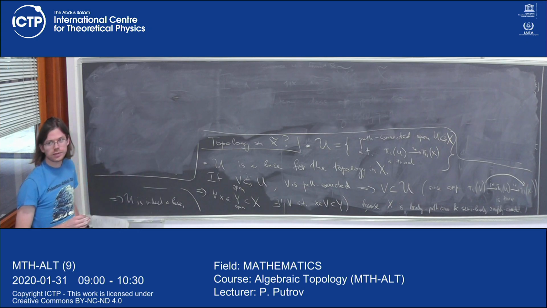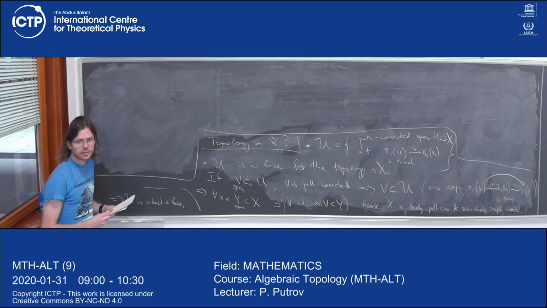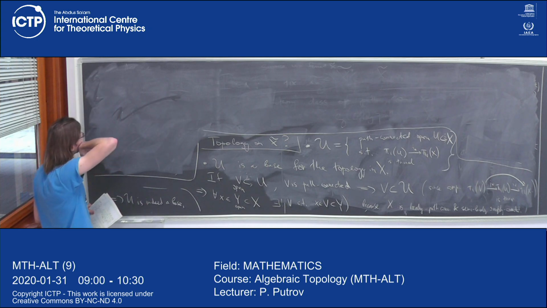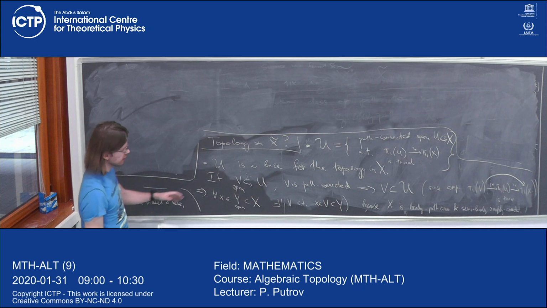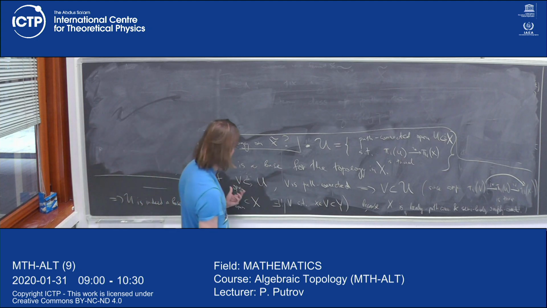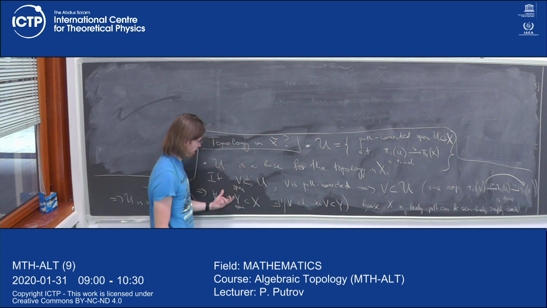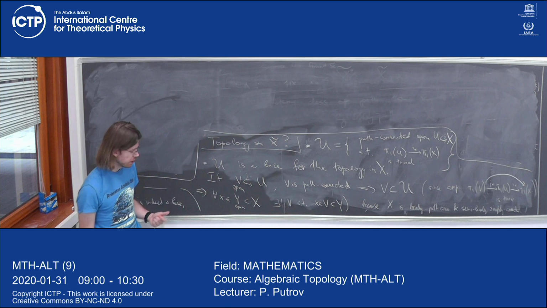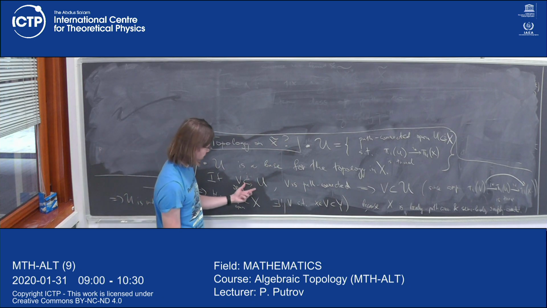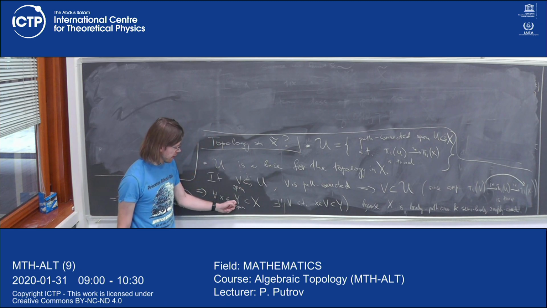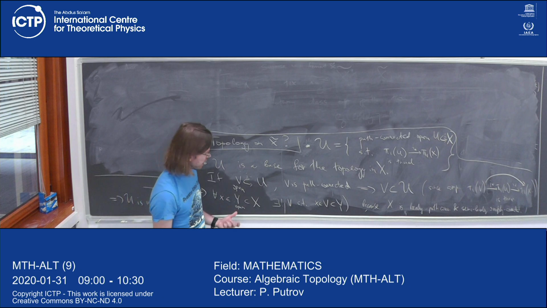Other questions? So here the idea is that if you take some arbitrary point, because X is locally path connected, you can always take an arbitrarily small neighborhood such that it is contained in Y and is path connected.